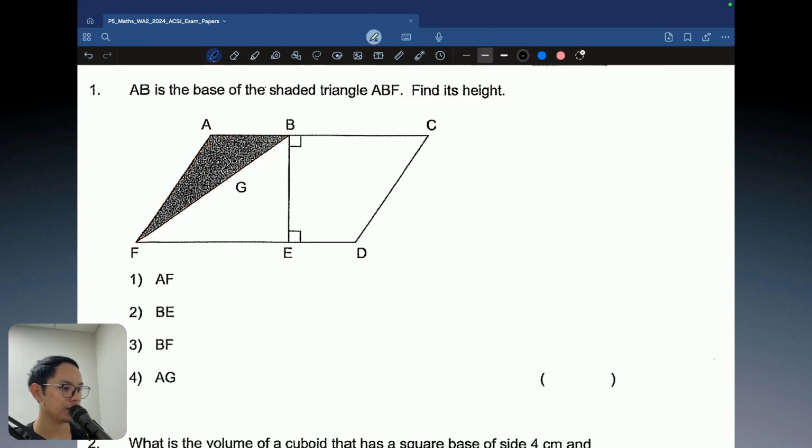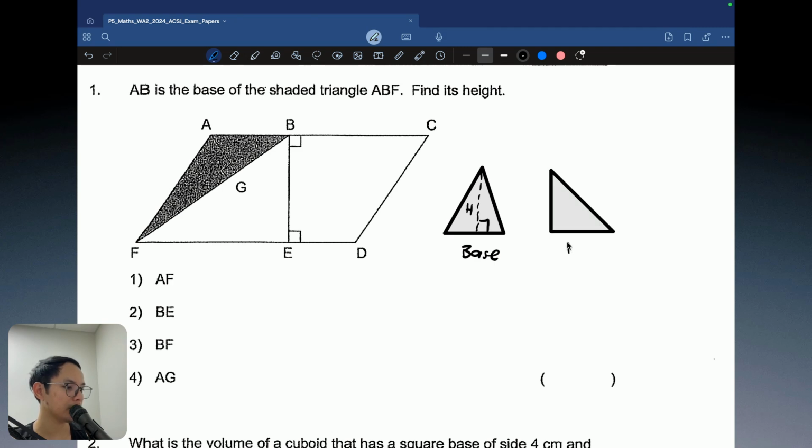Okay, so to just recap, we usually have three different types of triangle. You have this kind of triangle, which usually has the base and the height over here. Another triangle is a right angle triangle.